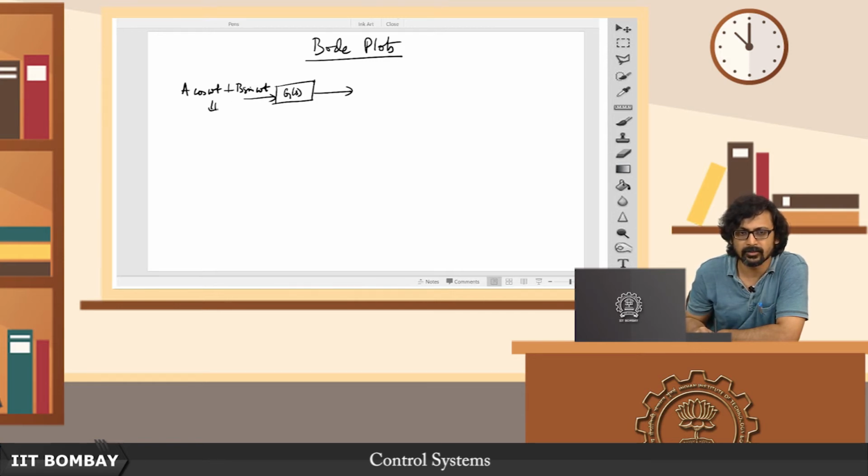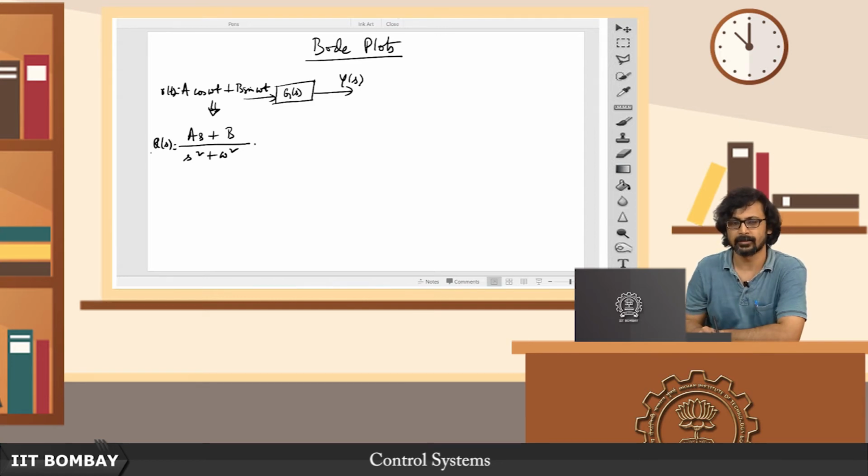Of course the Laplace transform, because I want the s to appear with a, that is why I put it like this. So it is (as plus b) upon (s squared plus omega squared). That is basically the input that is being applied, so this is r(t), in other words R(s) is going to be this, okay.